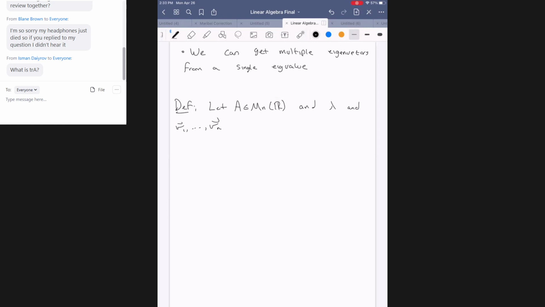Anyway, let's say lambda is an eigenvalue of A, and v1 through vk are eigenvectors of lambda, its corresponding eigenvectors.